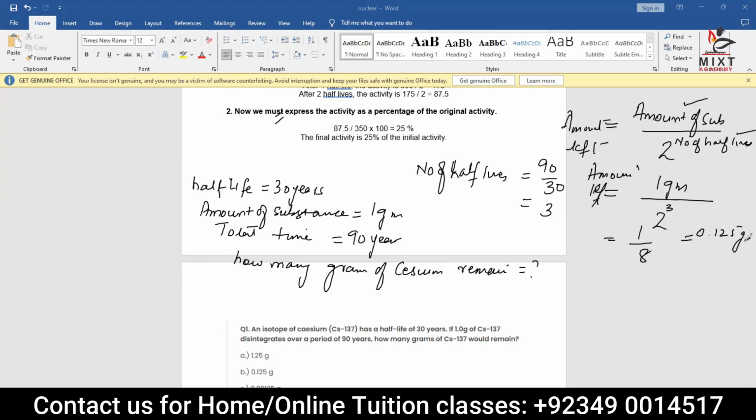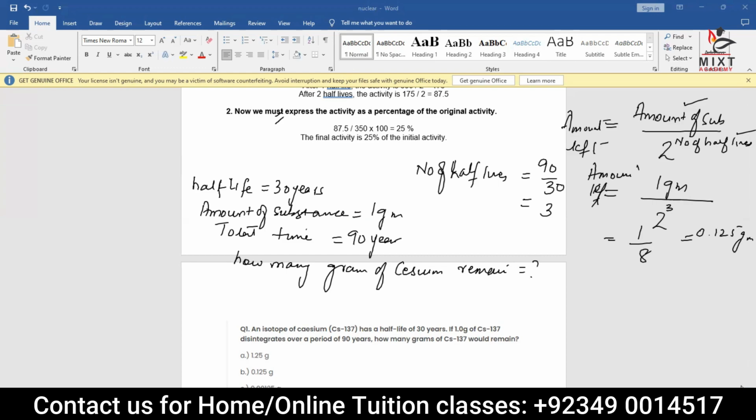It means after 90 years, that substance will be left as 0.125. So B is 100% right. Guys, understood? Yes, sir. Ibrahim, Safiullah, yes. Armina, yes. Good.